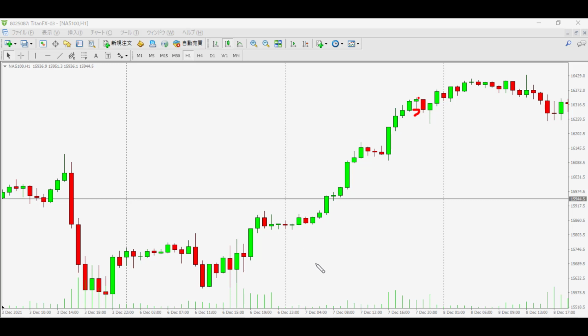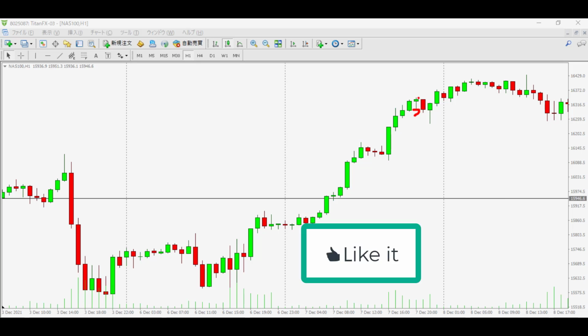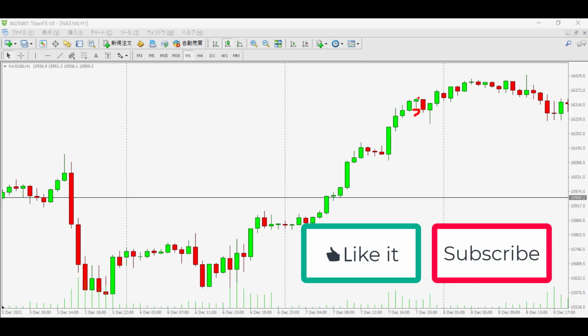And in the Europe and America session, if the high price location is higher than the previous candlestick, just buy and replace the stop loss at the higher candlestick low. If the high price location is lower than the previous candlestick high, then sell and replace the stop loss at the lower candlestick high. Thank you.